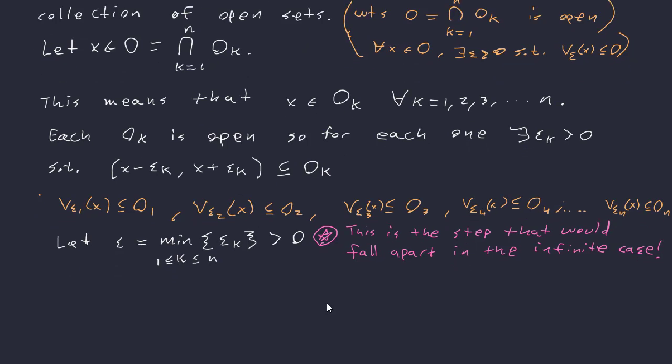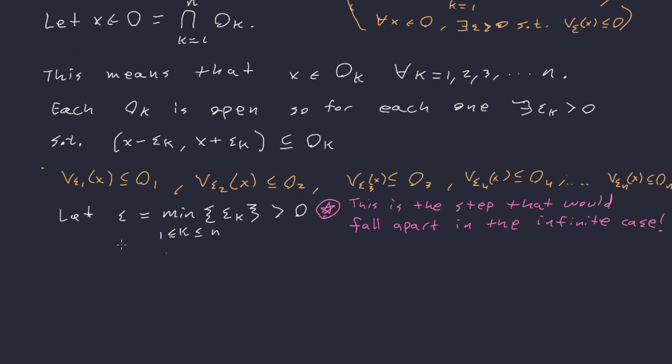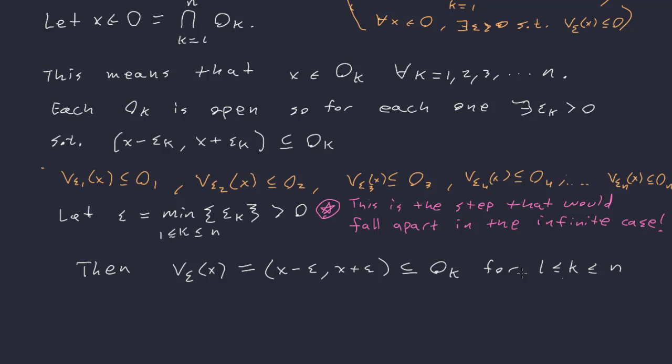Okay, so when we let epsilon be the minimum here, then v sub epsilon around x, which is equal to x minus epsilon to x plus epsilon, this will be contained in O sub k for every k between 1 and n.